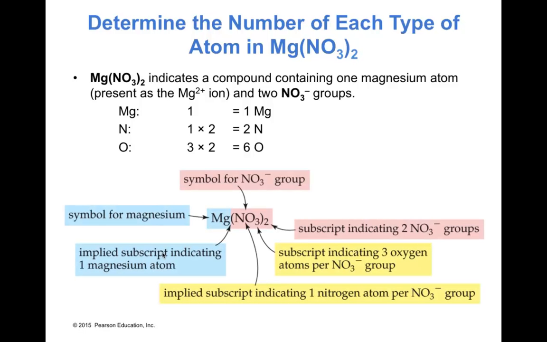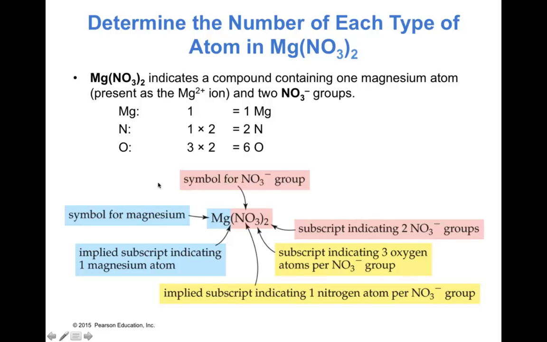Another way to understand this: we have once again the magnesium nitrate here. There's the symbol for magnesium. There is no number, no subscript for magnesium, so that means that we have just one atom of magnesium.